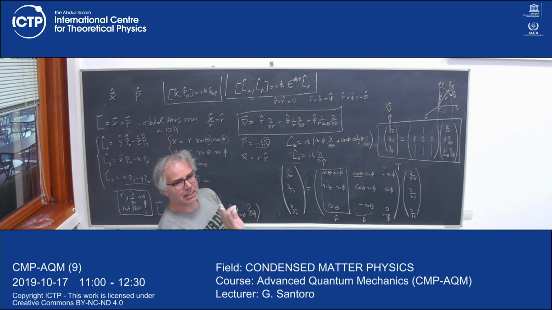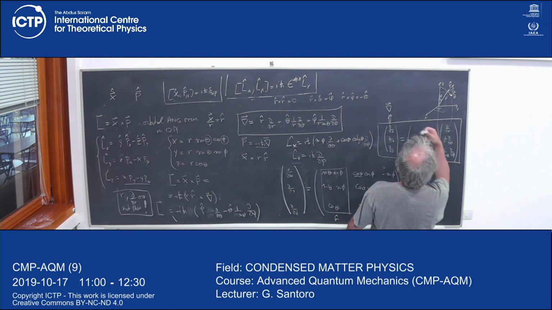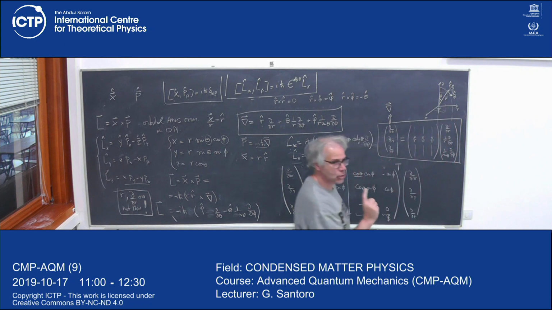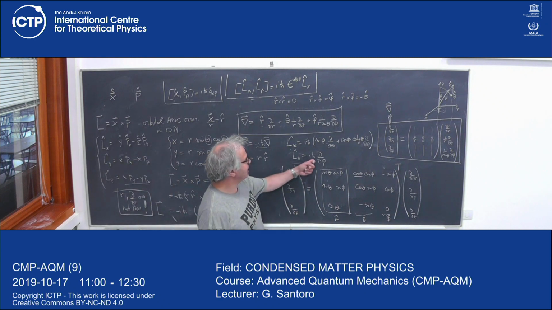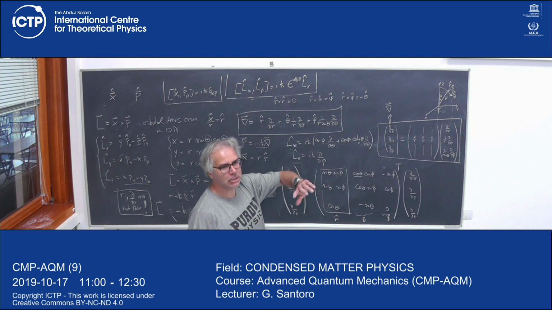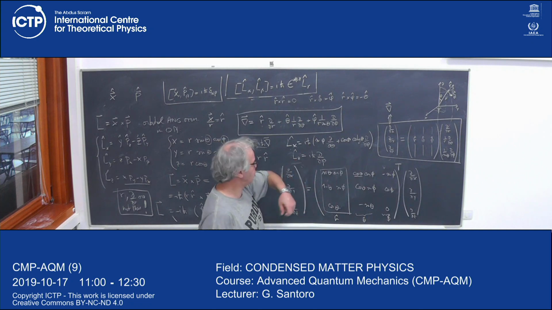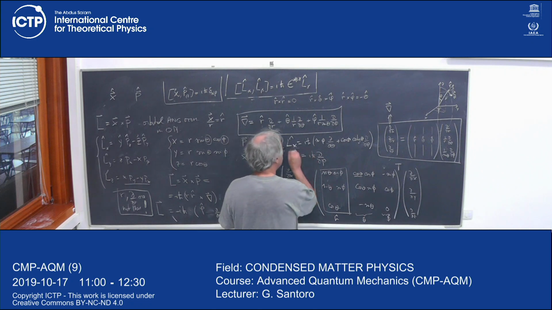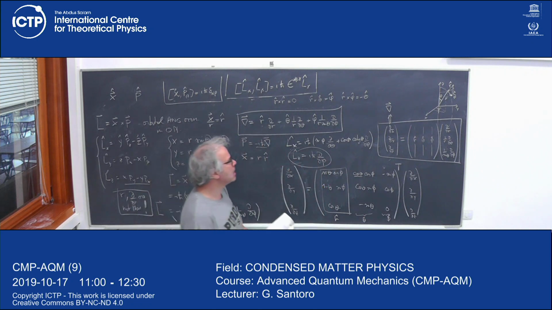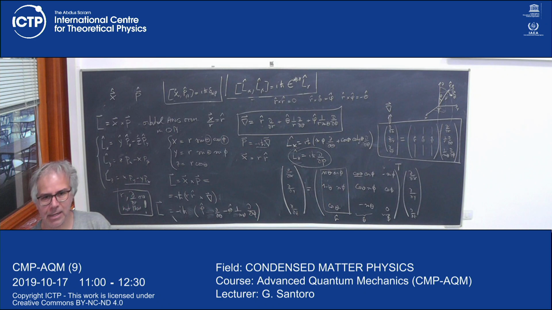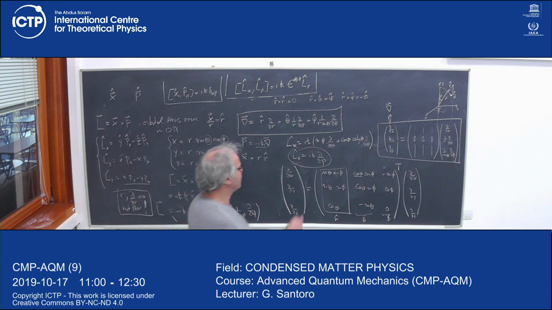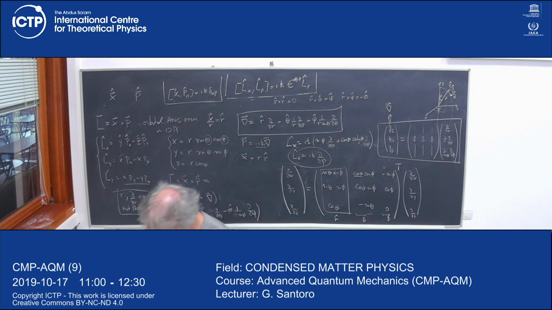Lz is I h bar, the derivative with respect to the angle phi, which describes the motion along the parallels, the azimuthal angle. Pretty much, it looks like the momentum, right? But it's the momentum with respect to an angle coordinate, okay? This is particularly worth remembering. The other expressions you find in the books or by Google, and you don't want to remember them. But this, you might want to remember, because it's particularly simple.